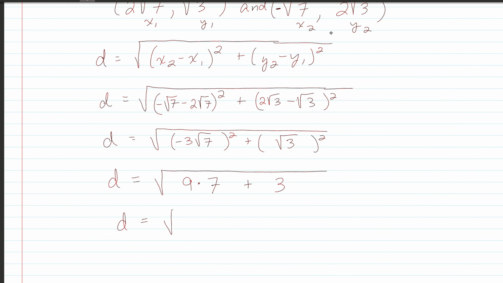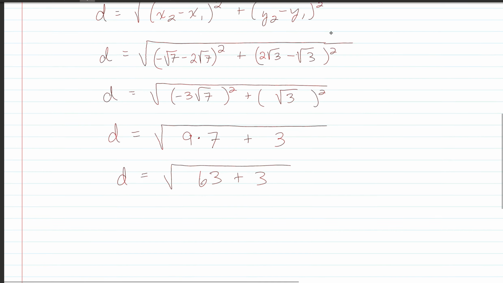Alright, now in the next step we have 9 times 7 is 63 plus the 3. The distance equals the square root of 66. It looks like I can't break down the square root of 66 any further. If you think about it, you look at all of your perfect squares and say, okay, can any of those go into 66?